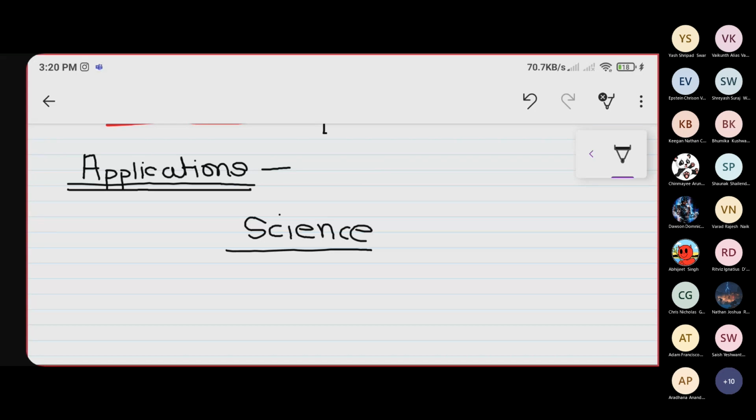That means what you study in science is based on the physical world, right? From science, we selected one subject called physics. So what is physics then? It is a sub-branch of science which studies the properties of matter and energy. So what is matter?